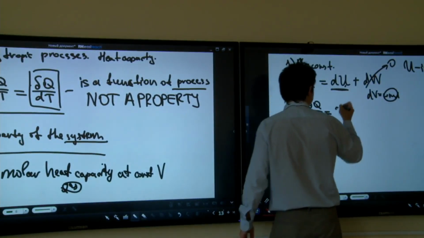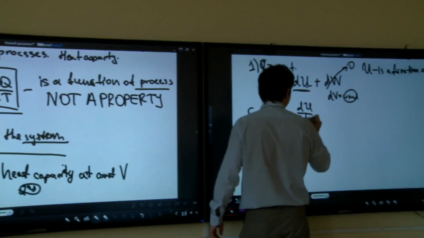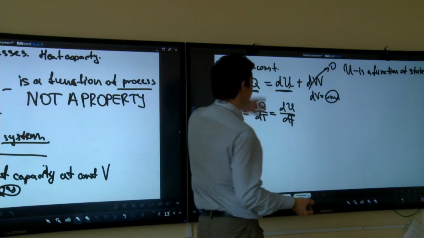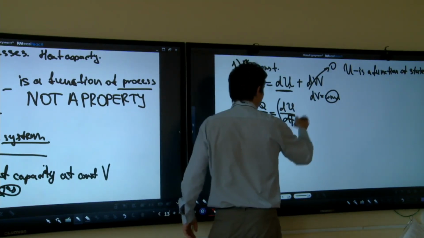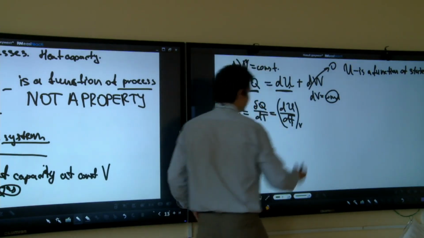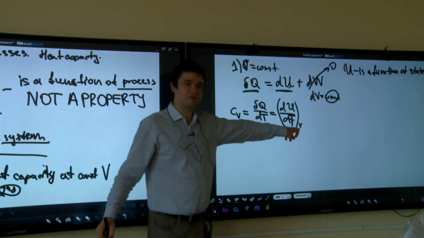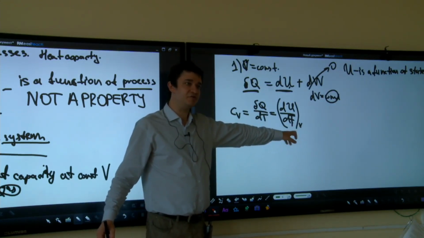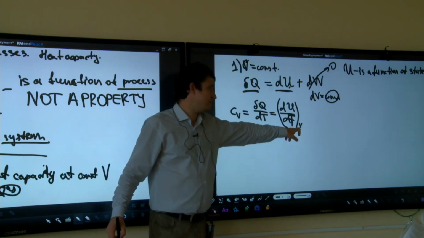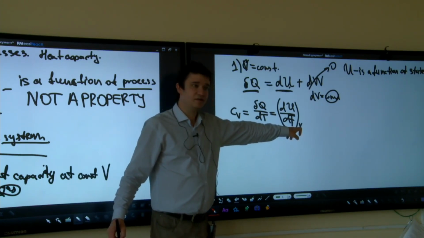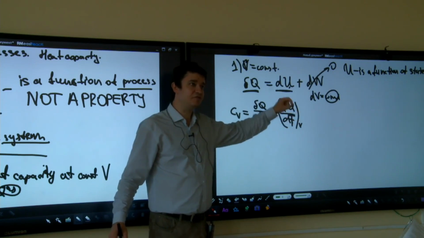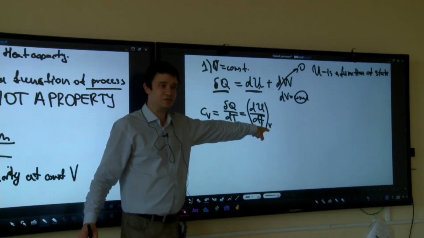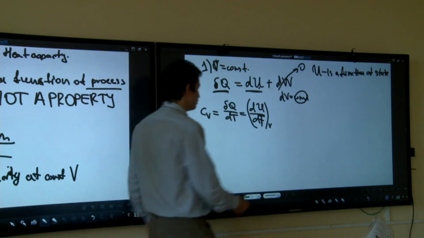So this is dU over dT. And to specify that I consider the process at constant volume, I add this additional subscript V. So in thermodynamics, when you see some derivative and there is something subscripted, that means that this derivative is taken under the assumption that this quantity is constant. So volume is constant.